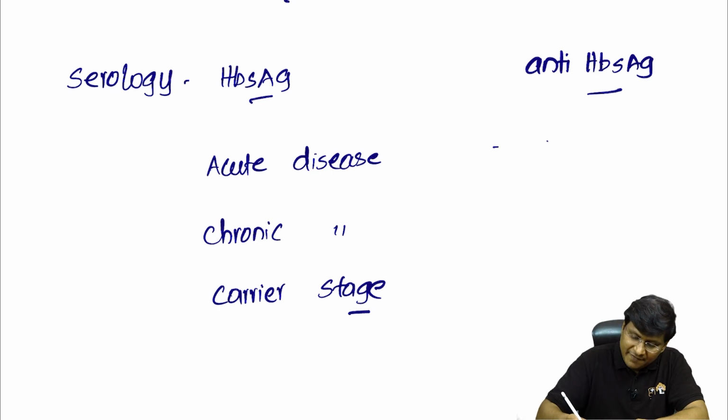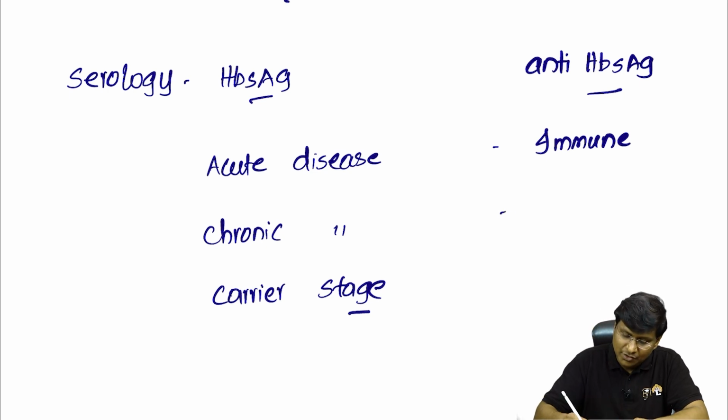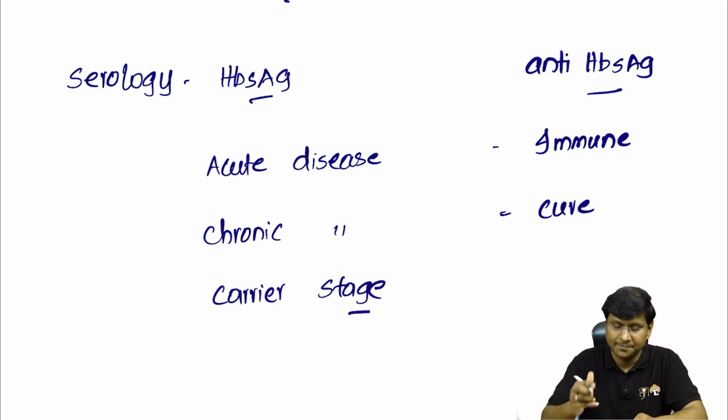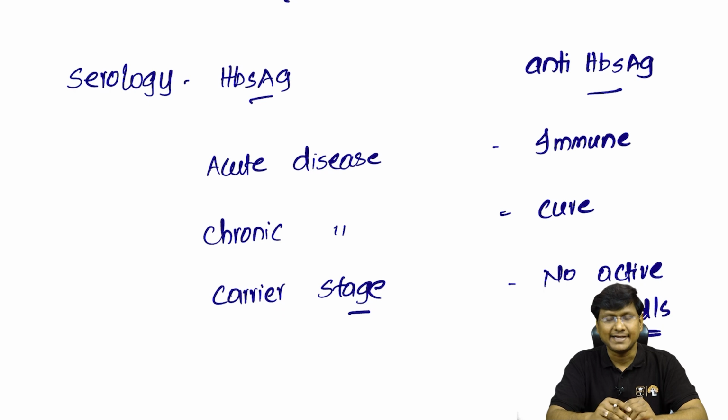So if anti-HBsAg is positive, that means the individual is immune, or in this particular patient, the disease is cured, and that means that the individual is not having any active disease. So that is what your anti-HBsAg being positive means, right?